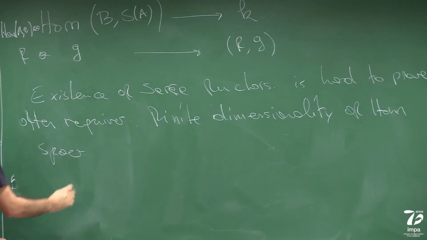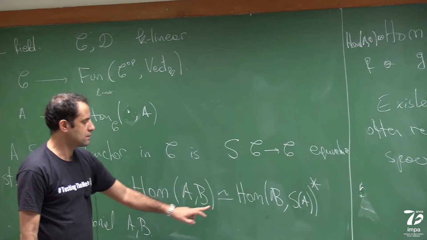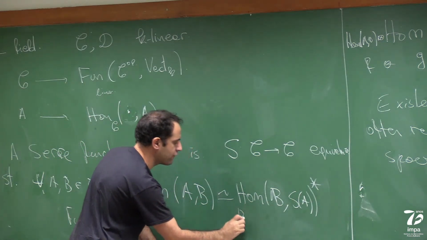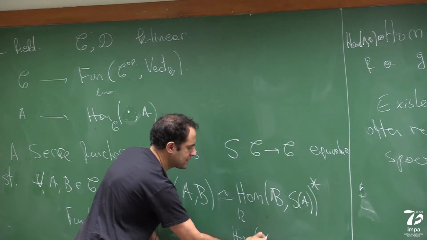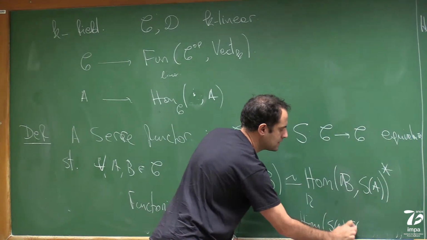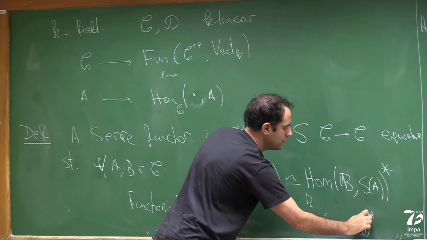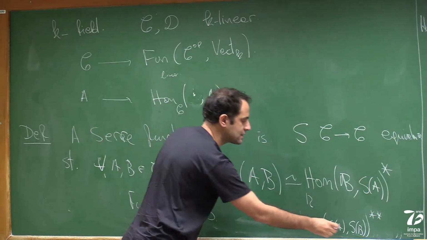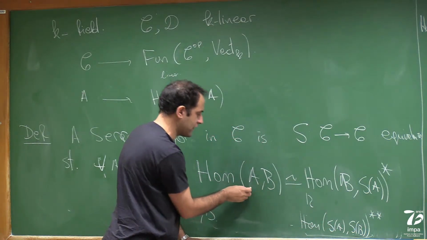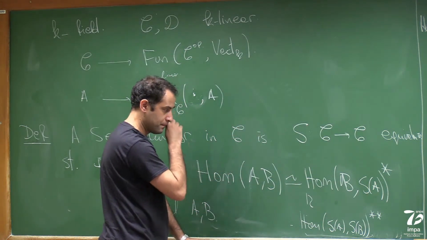And you see why, right? Because if you dualize this again, this is again isomorphic by the existence of the Serre functor to Hom(SA, SB) dual dual. And now since S was an equivalence, this space here is isomorphic to Hom(A,B). Okay?